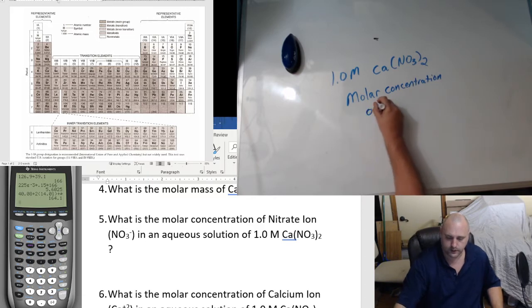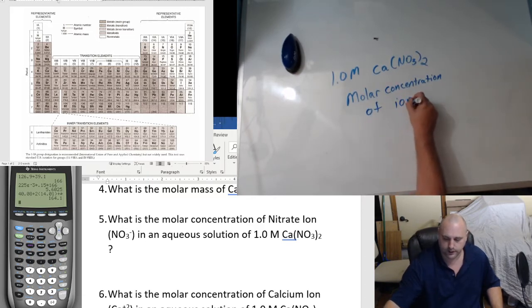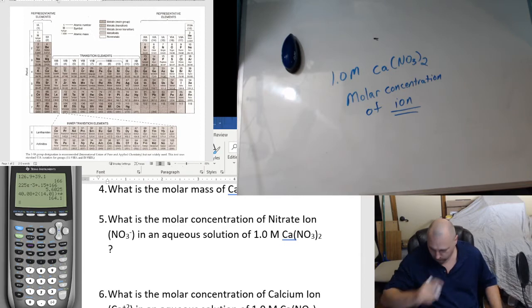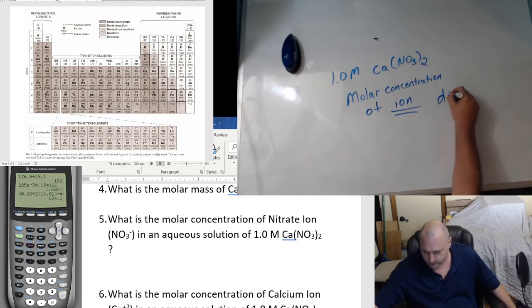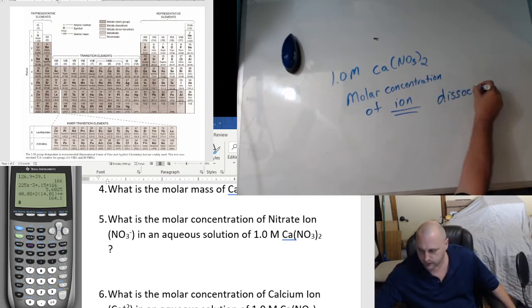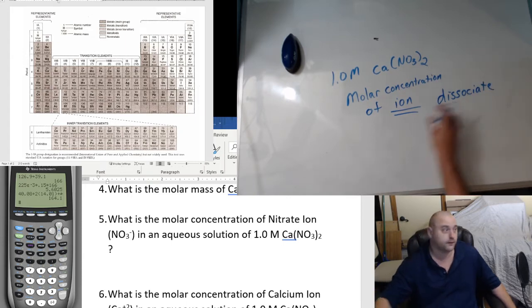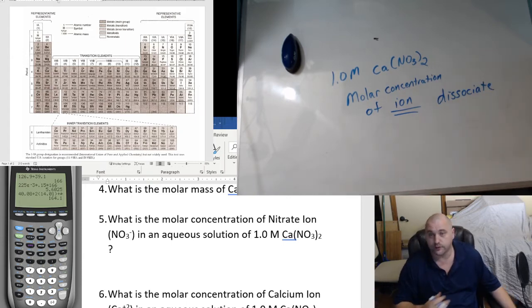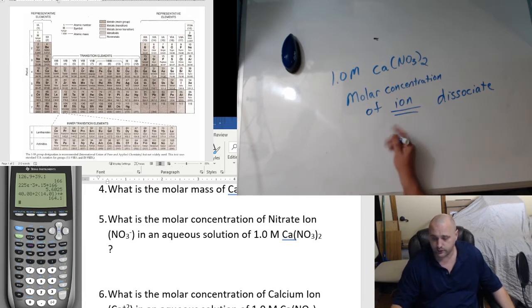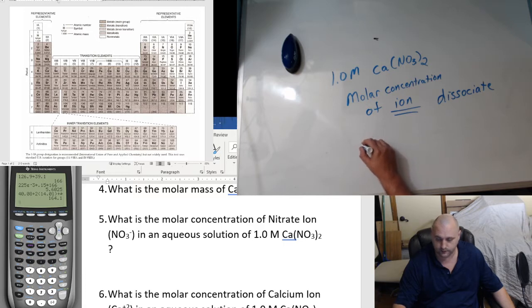And here's our key thing. Don't forget, ions dissociate in water. If it's ionic and soluble in water, it's going to dissociate in water. So this one, it wanted NO3.